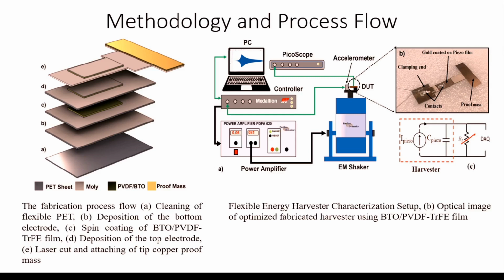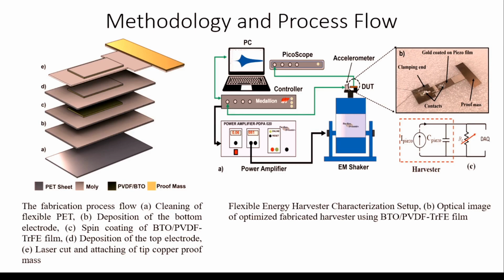And on the right side, you can see the energy harvester characterization setup. The main part is the shaker system, which vibrates or shakes at a particular frequency and acceleration, and we tested using this shaker system.